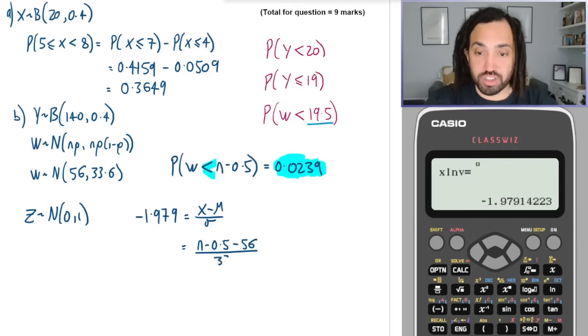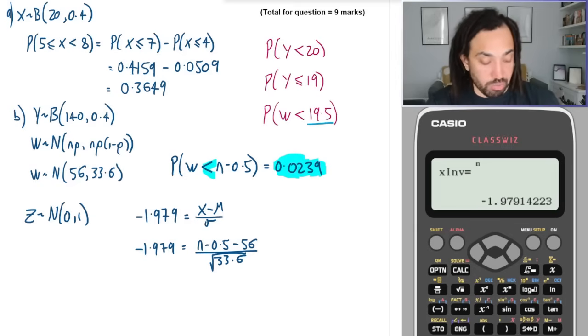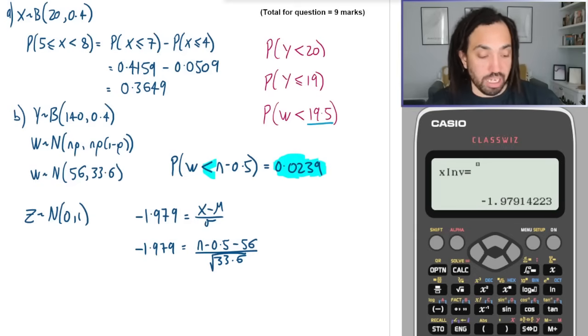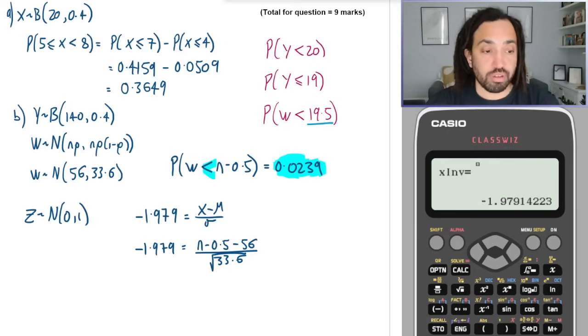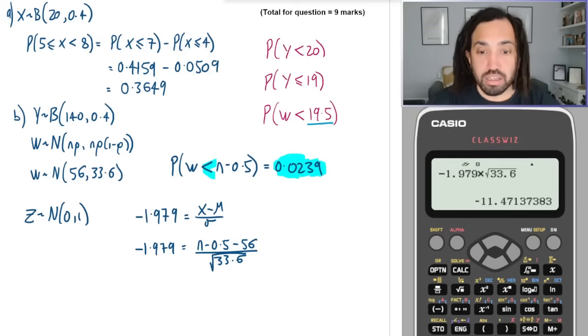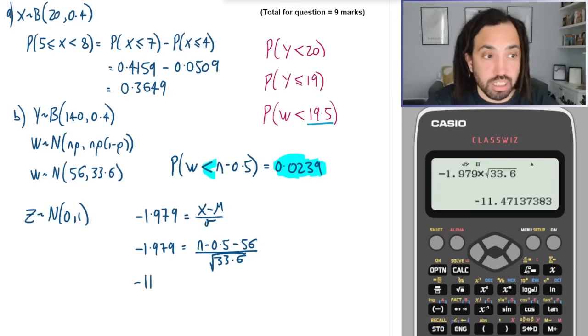And our sigma is 33.6 square rooted. And that's equal to this z value here. Okay, so we can multiply up to the other side. And this gives us minus 11.47.